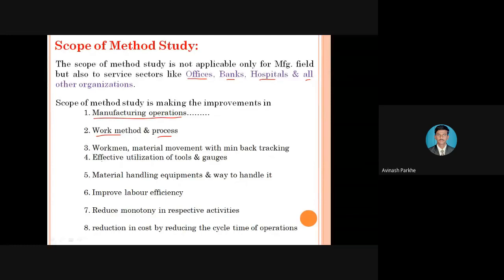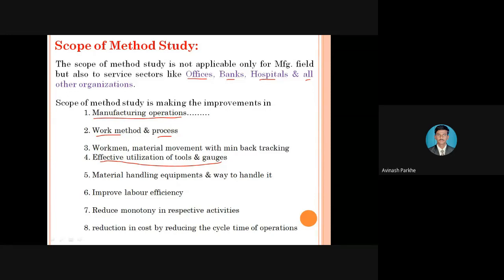Then effective utilization of the tools and the gauges. It is related to inspection. Once the product is manufactured, or in order to manufacture that particular product, whatever tools we are using, maybe sometimes the hand drilling machine, sometimes some measuring equipment, sometimes the gauges, utilization of those tools and gauges should take place in a good manner.